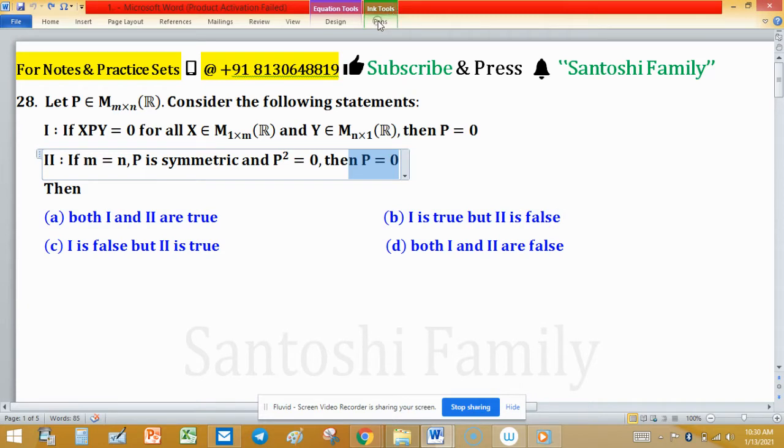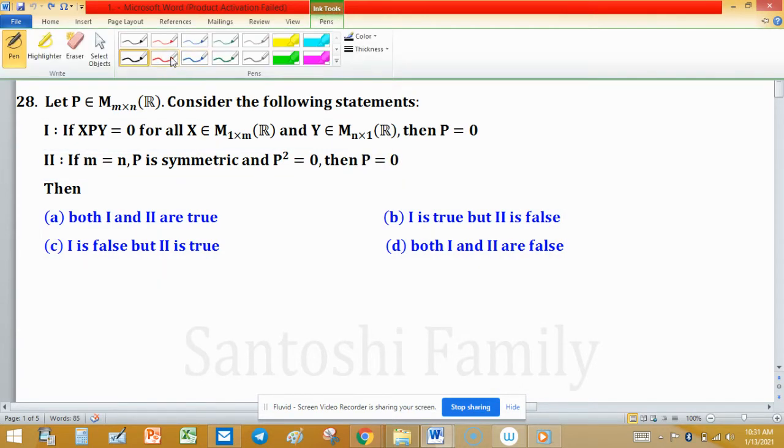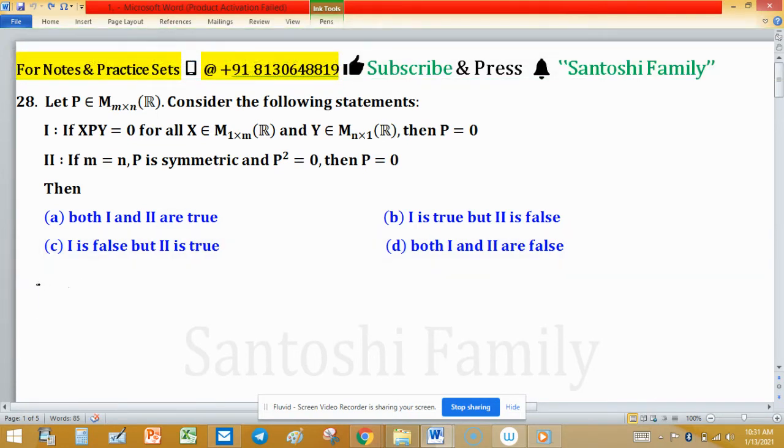First, we need to check the first statement: if xPy equal to 0, where x is a 1 by m row matrix and y is a column matrix.